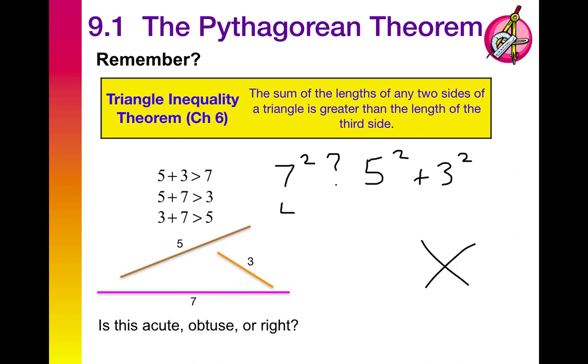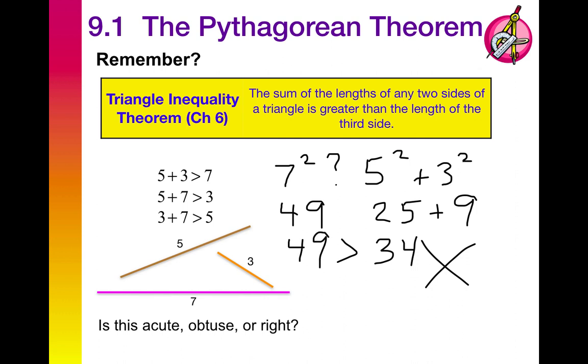Well, we get 49 for this side, and we get 25 plus 9 on this side, which makes 34. But 34 is less than 49. Therefore, that means that this has to be an obtuse triangle. So now we know what kind of triangle it is.